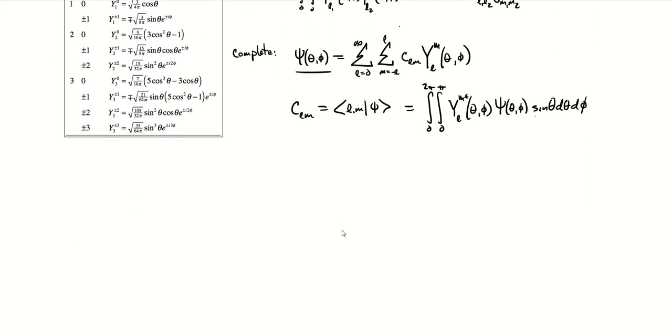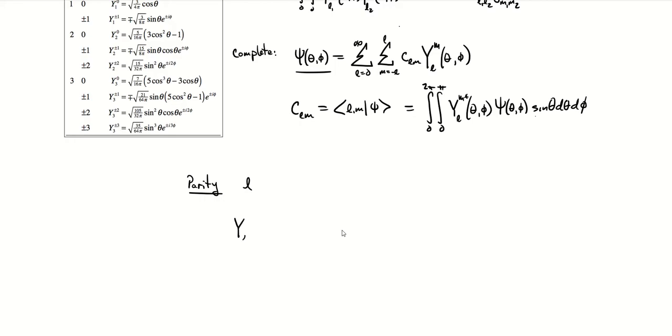And the last thing that might be useful to look at is parity, right? If you recall, parity is if I take this function at some r and evaluate it at negative r, what do I get? It's entirely determined by l, right?